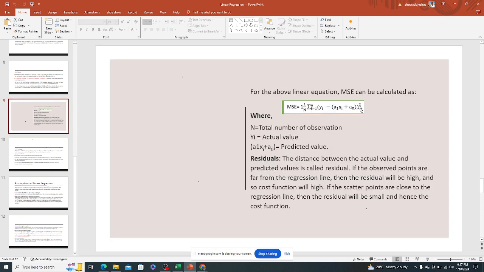Those who did statistics may have come across this formula. The mean squared error is given by the summation of yi, where yi are the actual values. Then we have the y-hat.